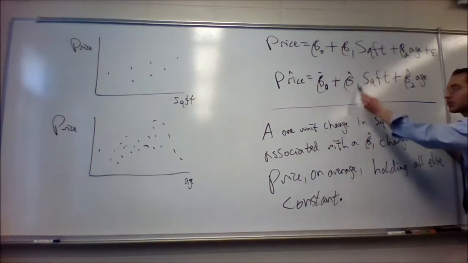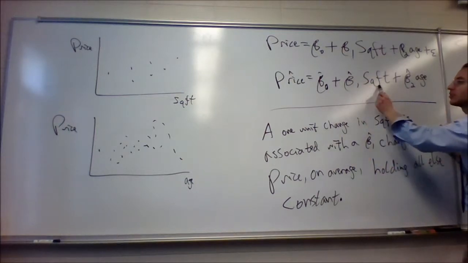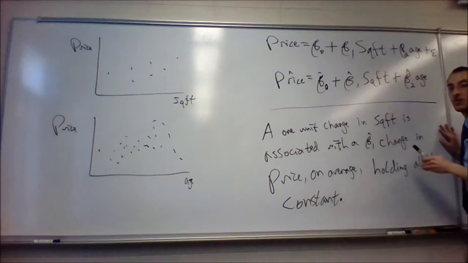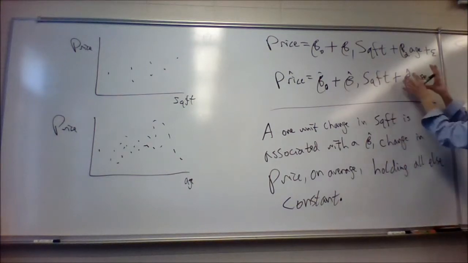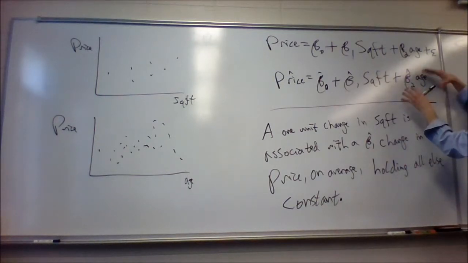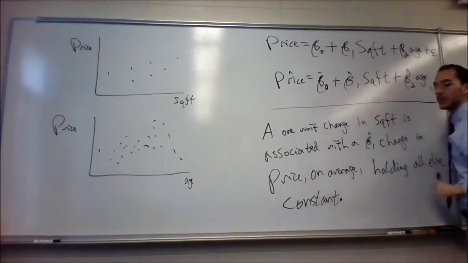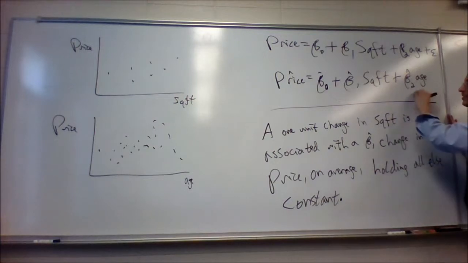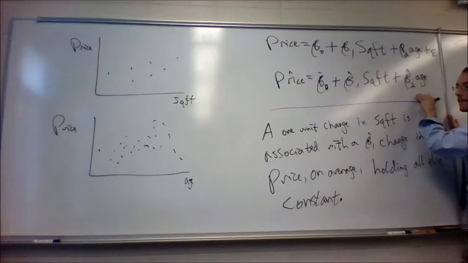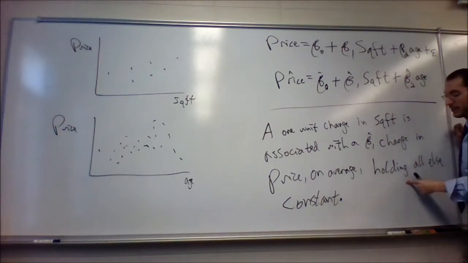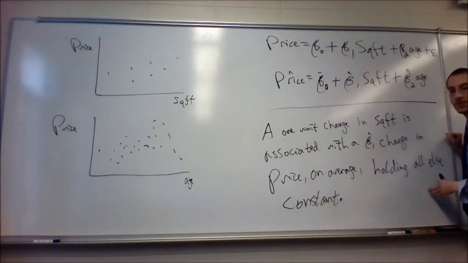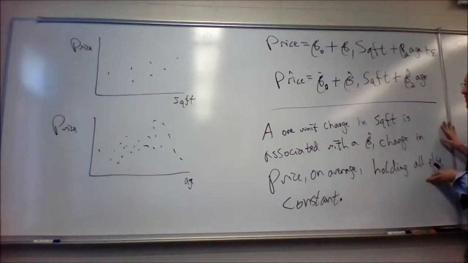So if I want to interpret beta 1, the relationship between square feet and price, completely on its own, I have to say hold age constant, because a different age gives me a potentially different relationship between square feet and price. So I have to say holding age constant. And this will never change. You just add on holding all else constant when we interpret our slope coefficients. And everything goes from there.